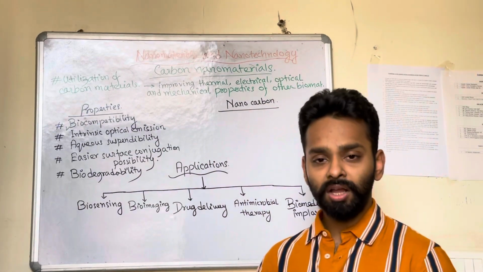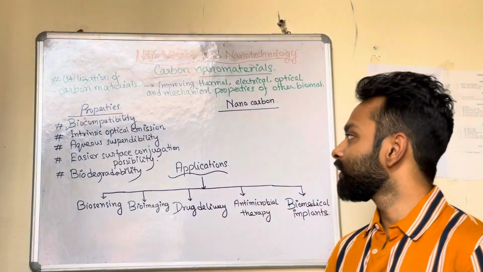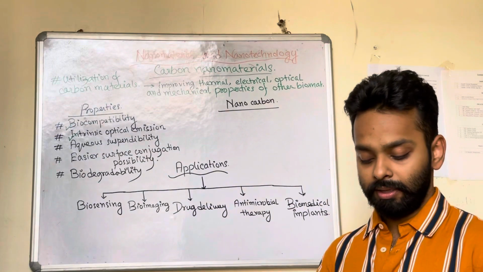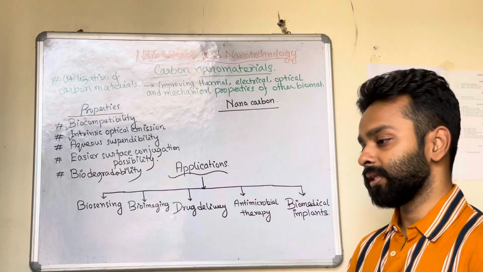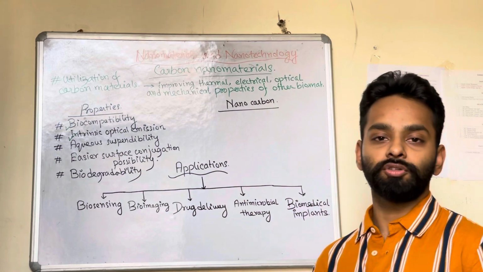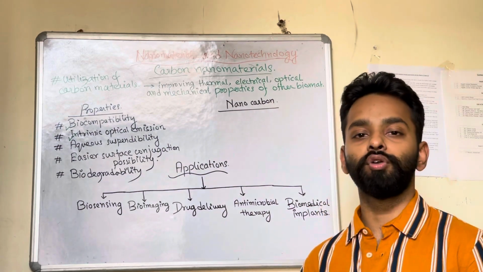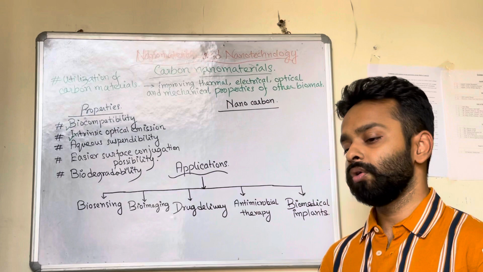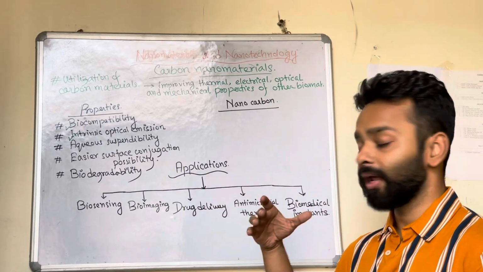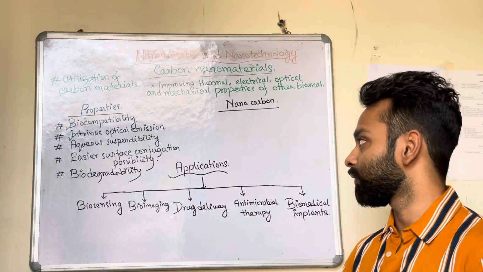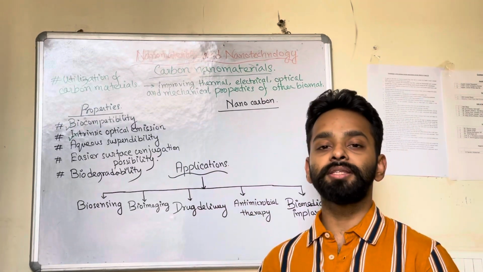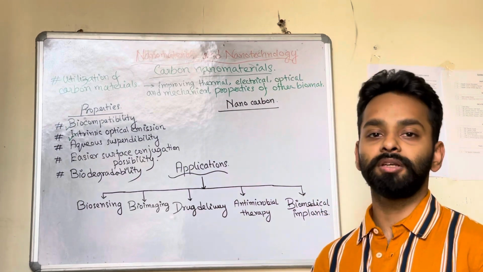Then coming to the second property, it is their intrinsic optical emission property. As we had also discussed, carbon nanomaterials are very good candidates to be used as probes for fluorescent imaging. Why can carbon nanoparticles be used as probes? Because they have this intrinsic absorption and emission property.